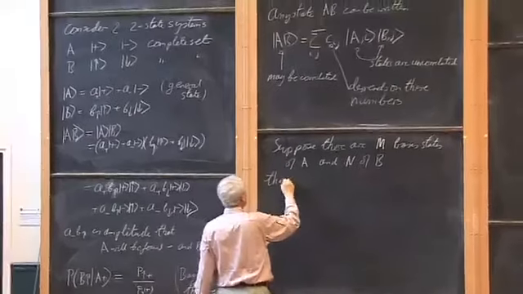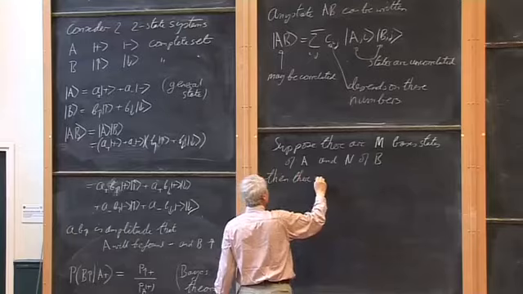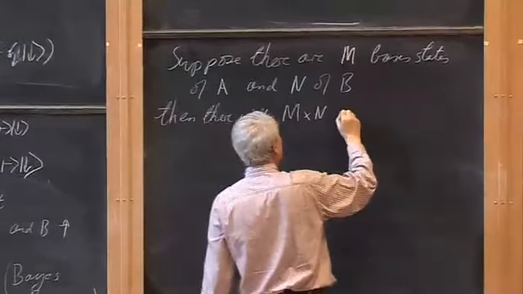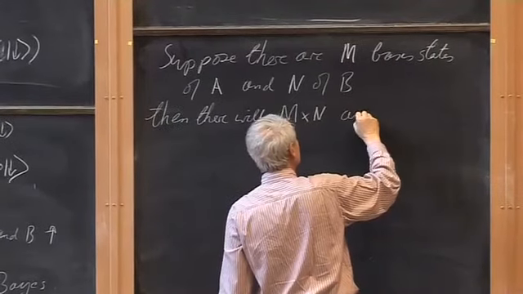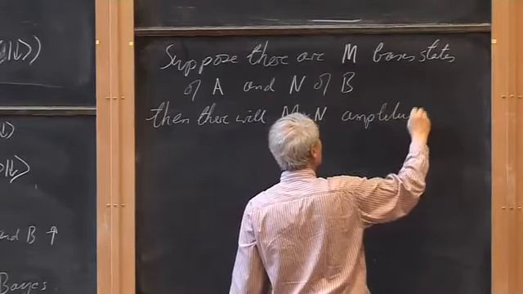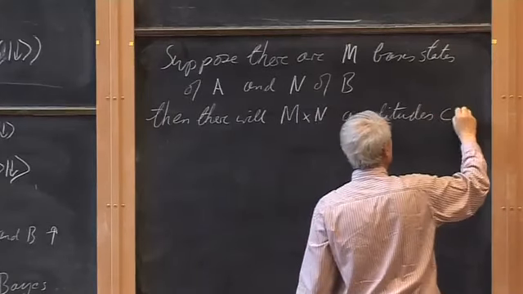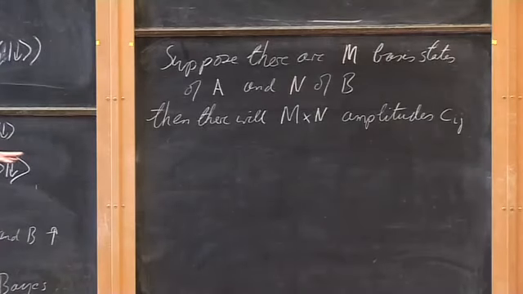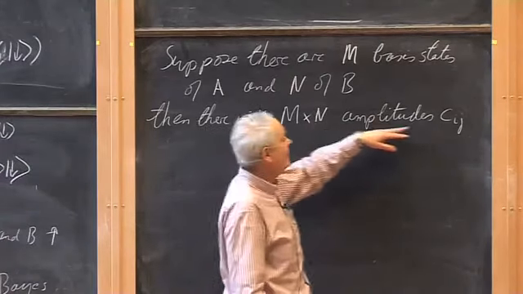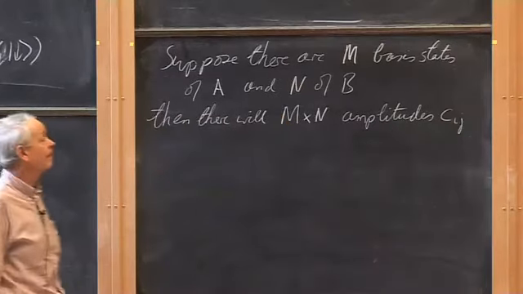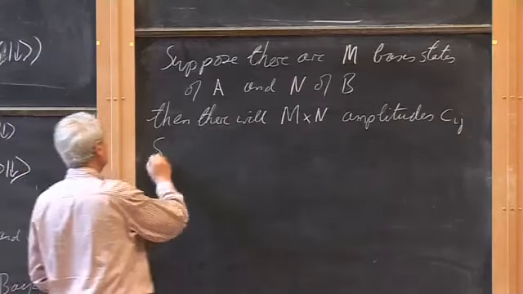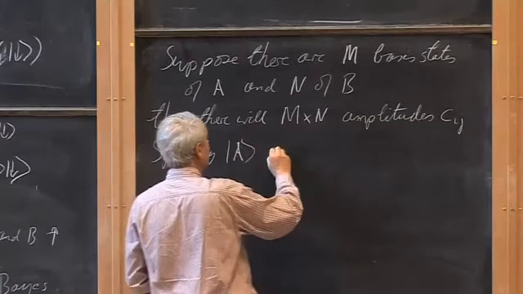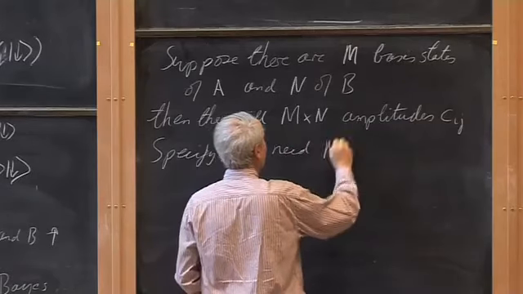So then there'll be m times n amplitudes Cij. So to specify a general state of the system, you need to specify mn numbers, Cij. But to specify A, you need just m numbers.